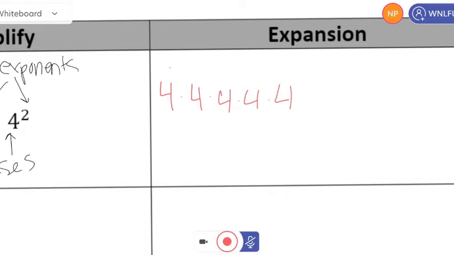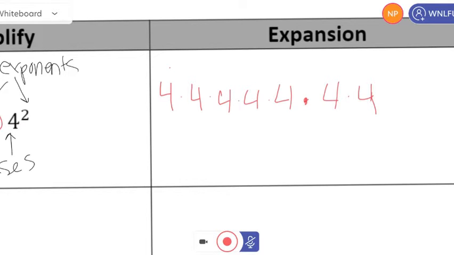Now, you should notice that there is a multiplication sign in the center of those two numbers. So we're multiplying them together, okay? Product means to multiply. So I'm going to put my multiplication symbol there, and then 4 to the 2nd, I'm multiplying 2 more 4s together.